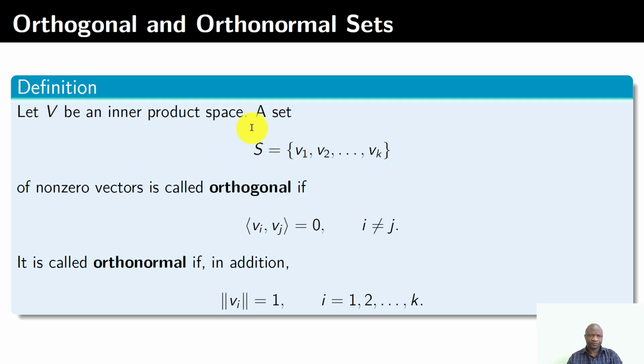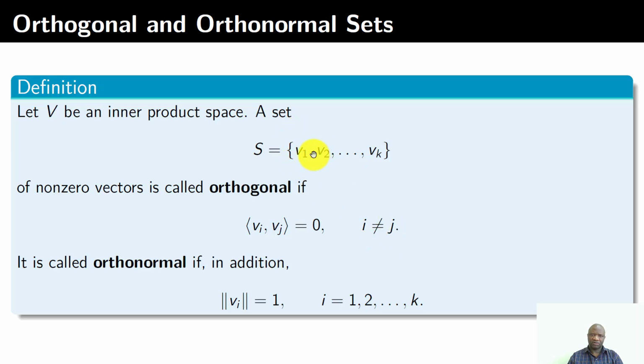Definition. Let V be an inner product space. A set S with the vectors, say v1, v2, ..., vk of non-zero vectors is called orthogonal if the inner product of vi, vj is equal to 0 for i not equal to j.